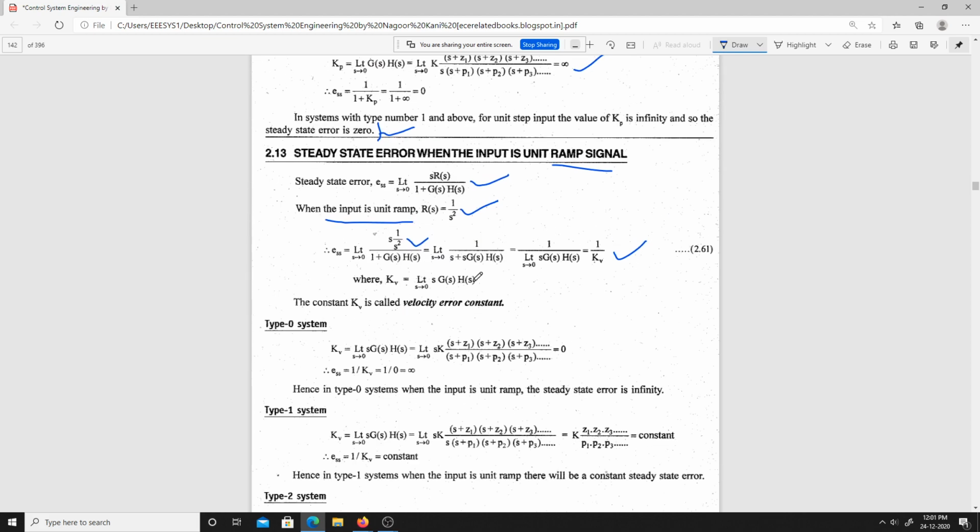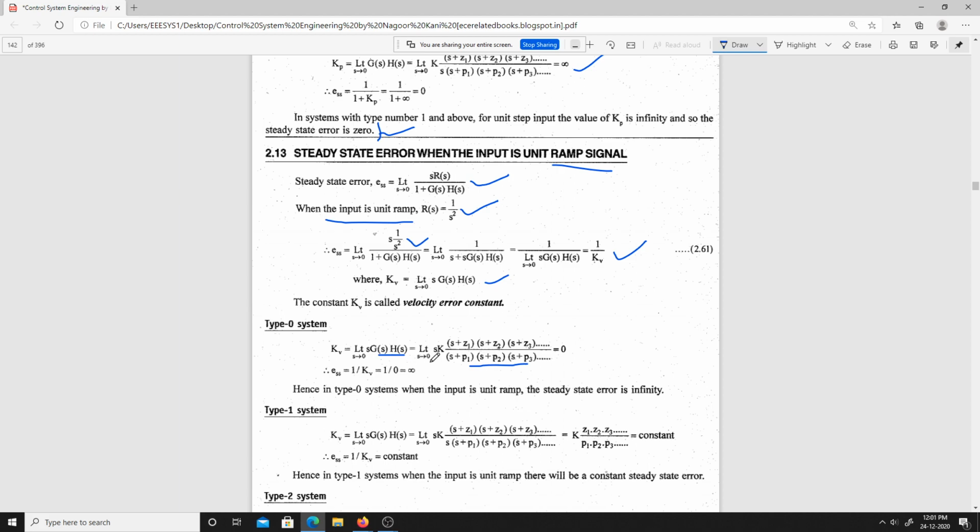kV is nothing but limit s tends to 0 of s into g of s into h of s. This kV is the velocity error constant. First of all we will discuss the type 0 system. What is this g of s into h of s? This is the nth order differential equation in a factorized form I have taken.